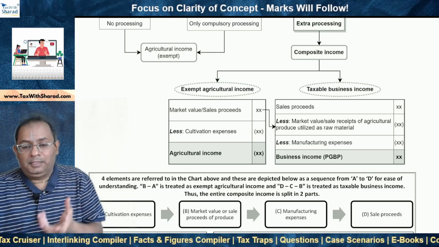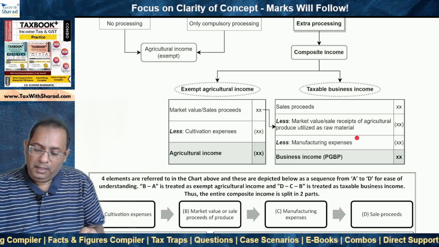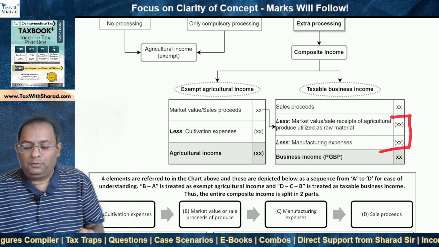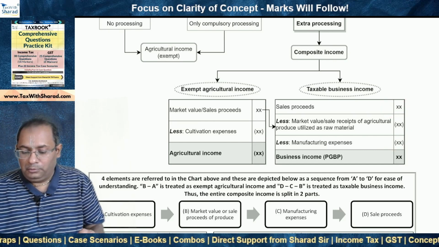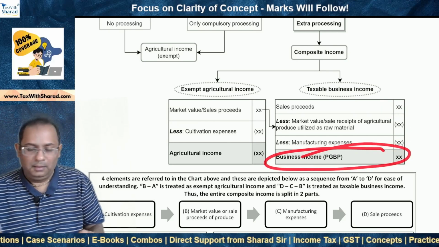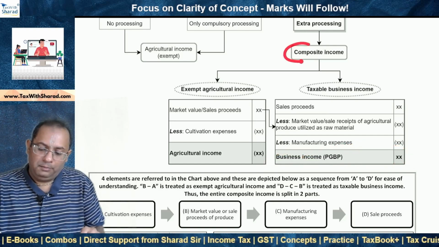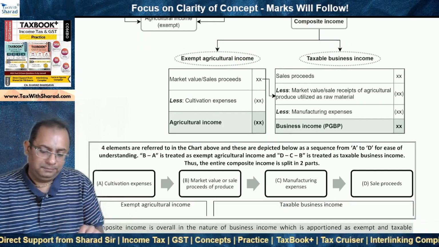Actual manufacturing expenses incurred in the manufacture of sugar, that is a direct cost. So these two elements of cost we deduct from the sale proceeds, and consequently what we get is the taxable business income, taxable under the head PGBP. So this is how we apportion composite income into the exempt portion and the taxable portion, right?